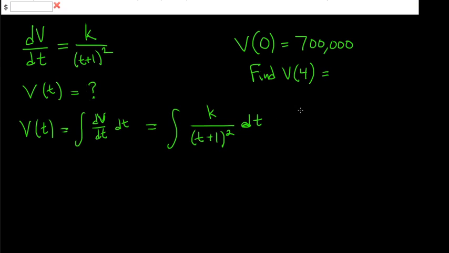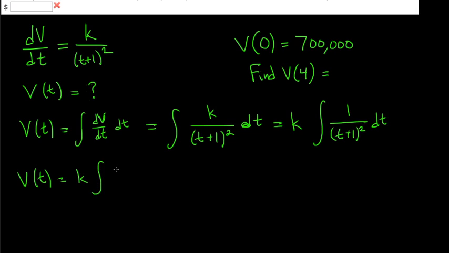K is a constant, so that can come outside. Right. And then this is just 1 over t plus 1 squared dt. Or, maybe better yet, we can write this as t plus 1 to the negative 2 instead of 1 over t plus 1 squared.